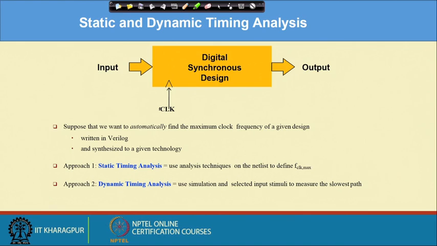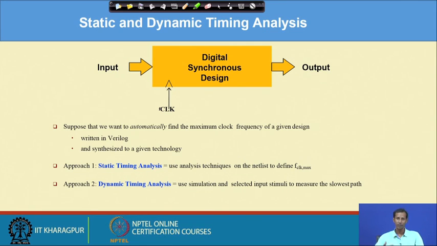So, from the beginning, if we provide some input combinations to the design and then do the timing analysis, the probability of that failure becomes reduced, which is my intention. That is why we do dynamic timing analysis.